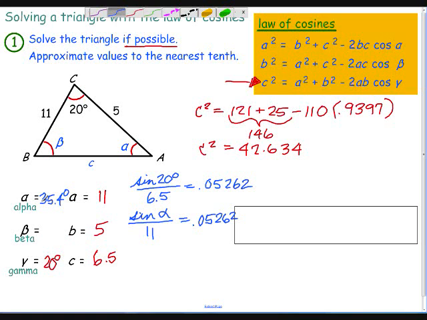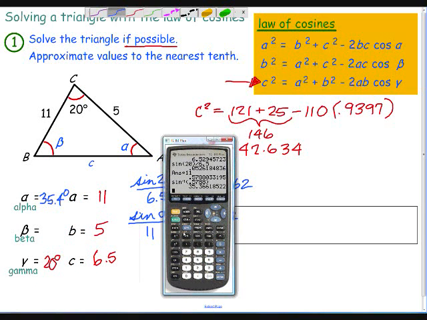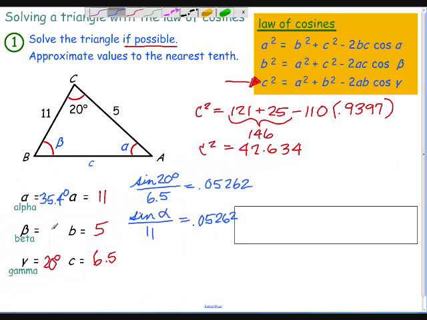If I know alpha and gamma, I can figure beta without having to go to trigonometry. And why would I bother with trig if I don't have to? So 180 minus 20 minus 35.4 gives me beta, 124.6 degrees.